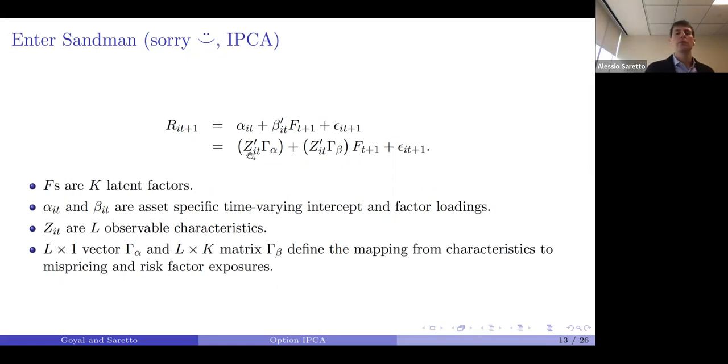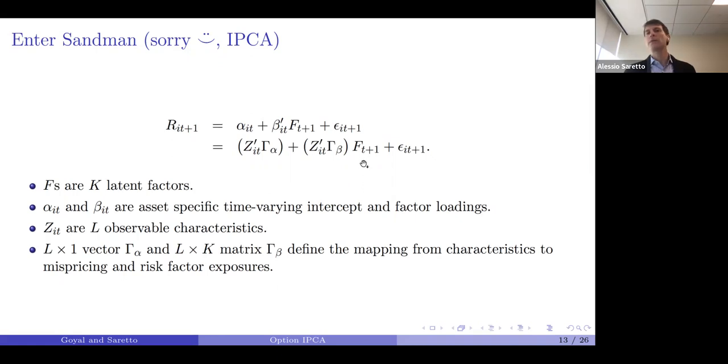What's happening here is that these gamma functions are constant, but they give you a mapping from characteristics to betas. So they allow the betas to move around, but in a constant way. F are the latent factors that are unobservable. There are K of them for the sake of simplicity.